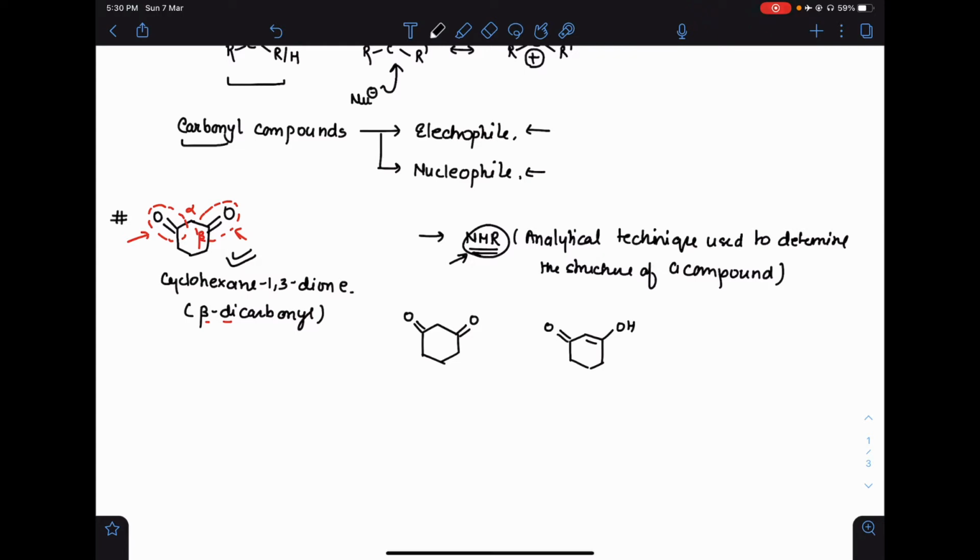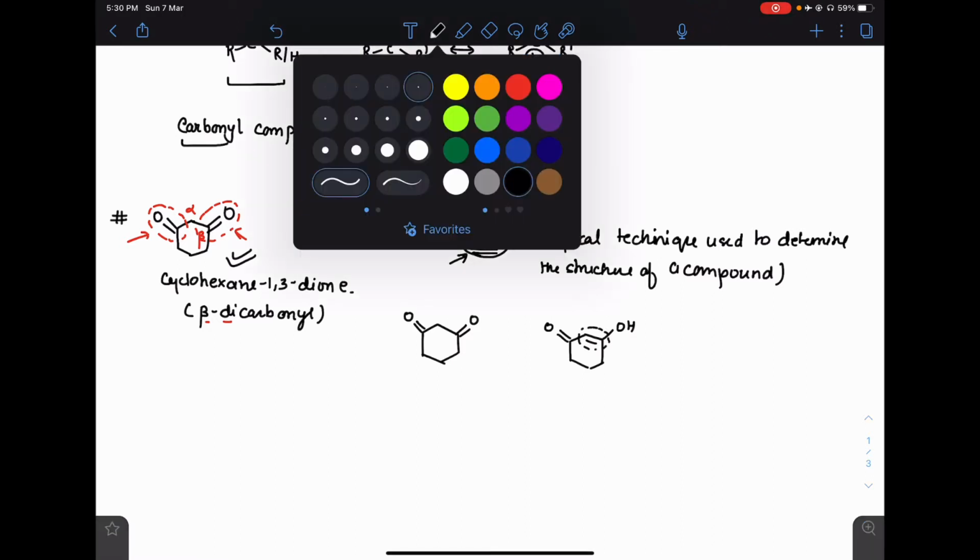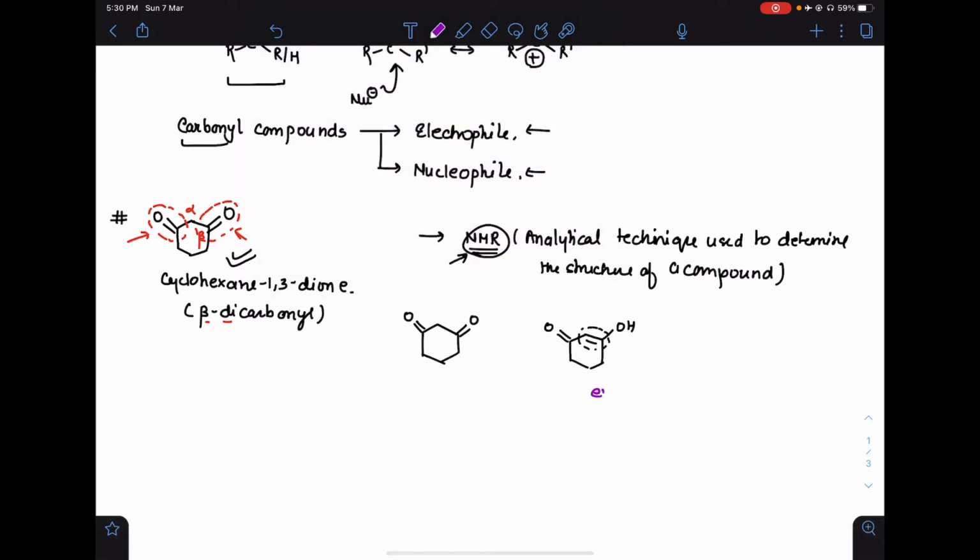This is what we call enol, and as the name clearly implies, enol means there will be a double bond and there will be an alcohol functional group. So there is a double bond and there is an alcohol functional group. So, enol. It's not that the chemical supplier did not give you the pure compound.